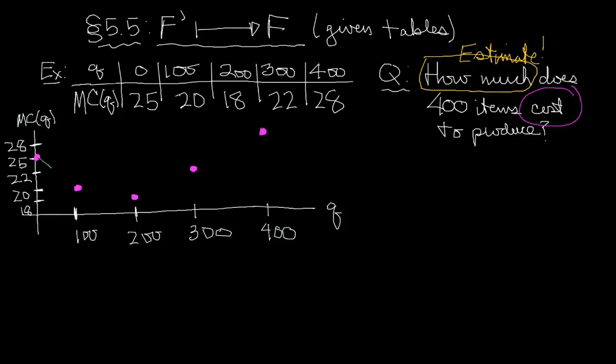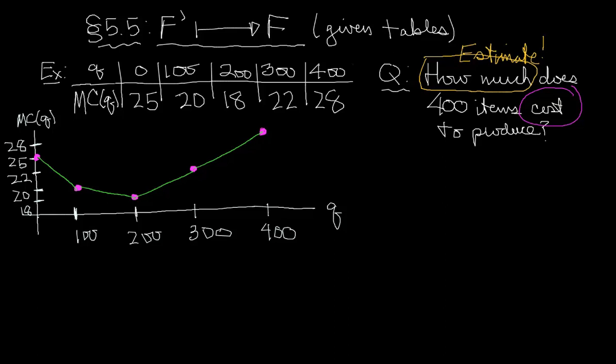Just like that. You get the idea. Now from the fundamental theorem of calculus, we know that when we have the graph of a derivative, in order to get to the original function, all we have to do is integrate it over whatever region we want.